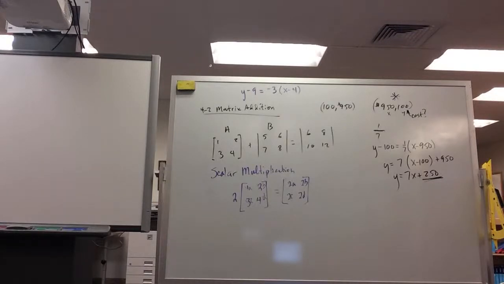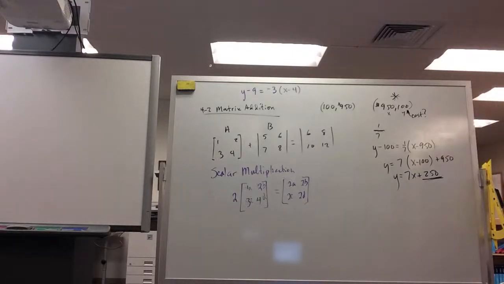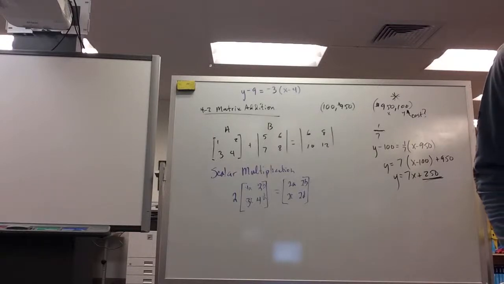The example that they give is a word problem talking about the number of males and females in different professions: medicine, dentistry, law, and theology. What's theology? Religion, yeah. Medicine, dentistry, law, and religious studies. They're talking about the number of males and females earning degrees in those fields in 2 different years.